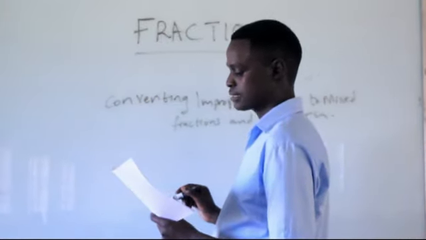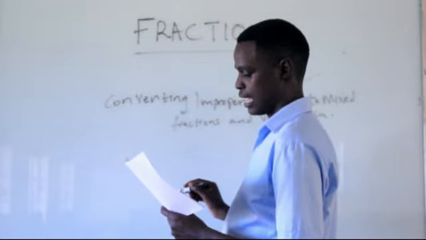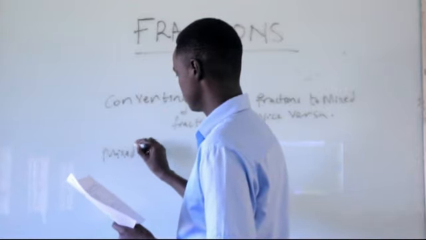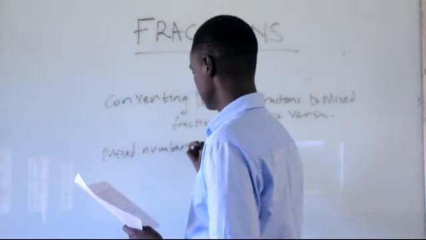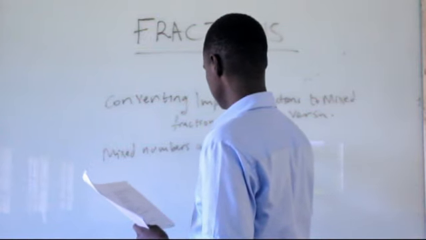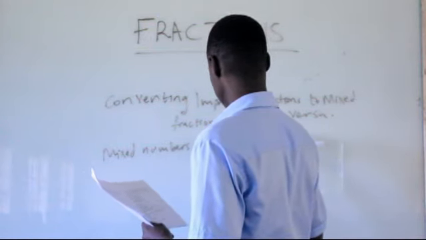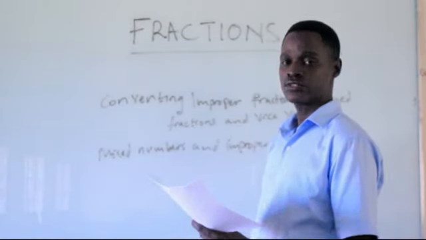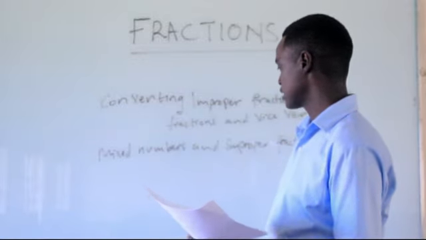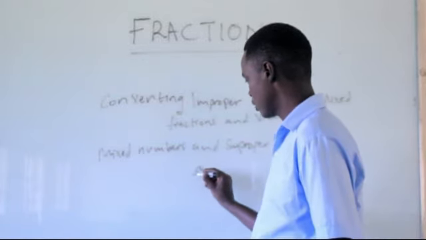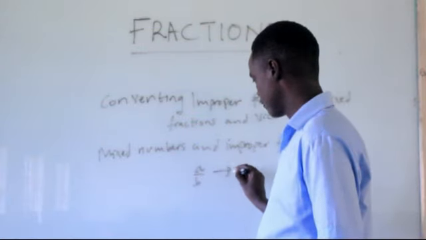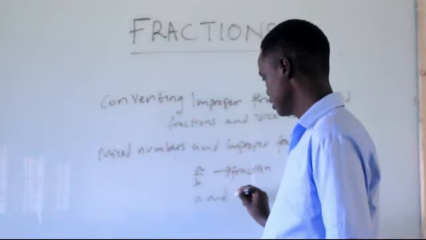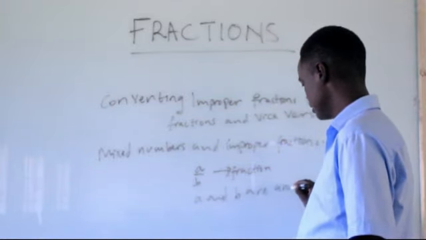Start by looking at mixed numbers and improper fractions. So far we assume that you have looked at A over B. This is our fraction, whereby A and B are any numbers.